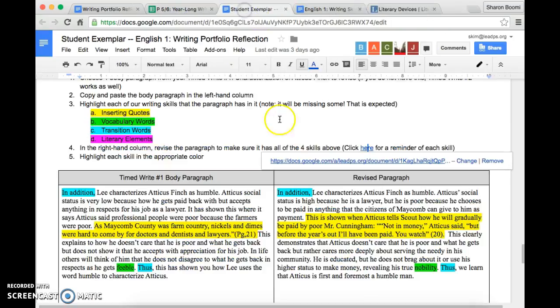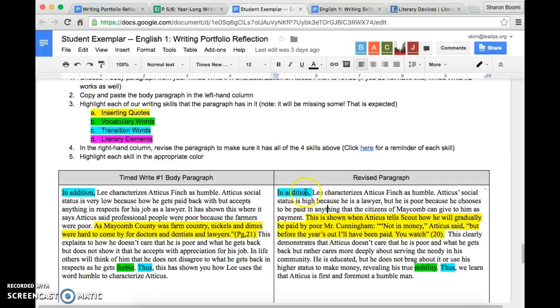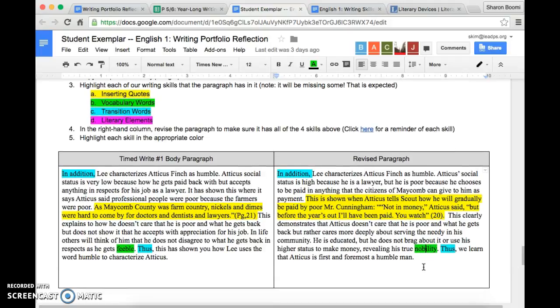I'm going to find myself back here. So this person has revised their body paragraph, and I'm noticing that they actually switched out their evidence. I guess they read it over and thought that this evidence was not as strong, so they switched it out for stronger evidence just to make this closer to a 6 than this initial body paragraph was. They've also switched their vocabulary word and kind of upgraded how they're using it.